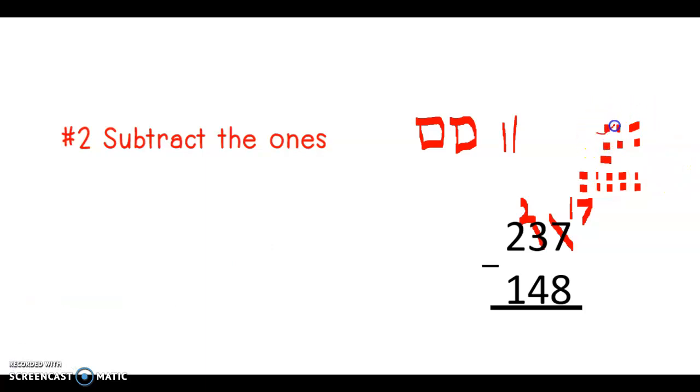So I can cross out my 8 ones that I'm subtracting, and that's going to leave me with 9 ones because 17 minus 8 is 9.